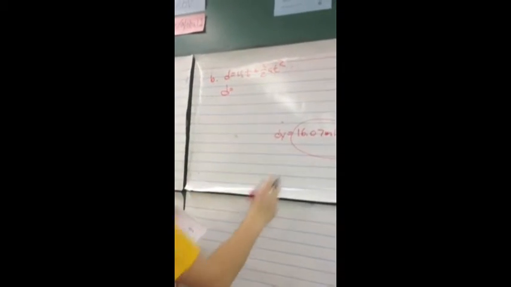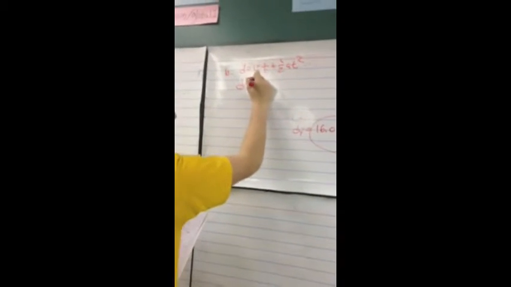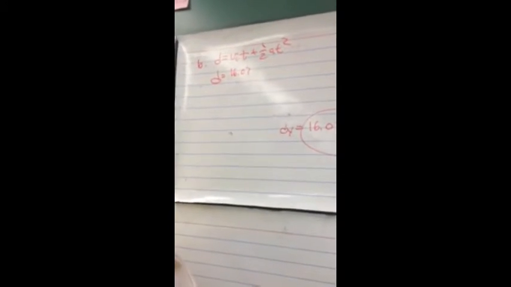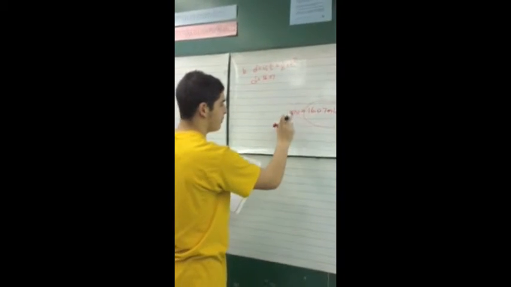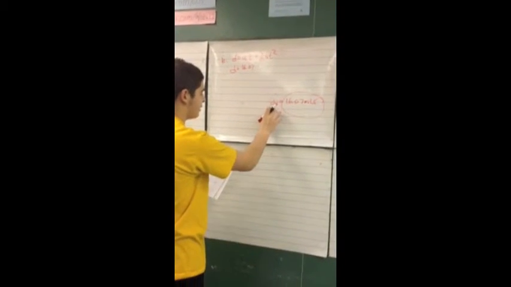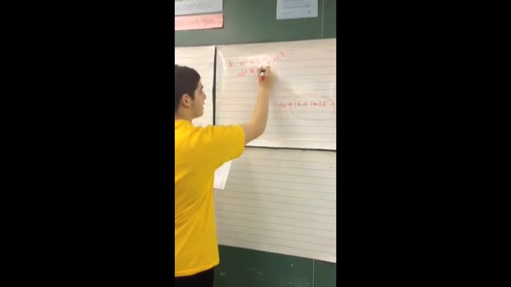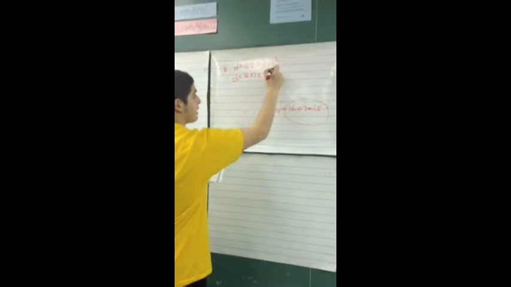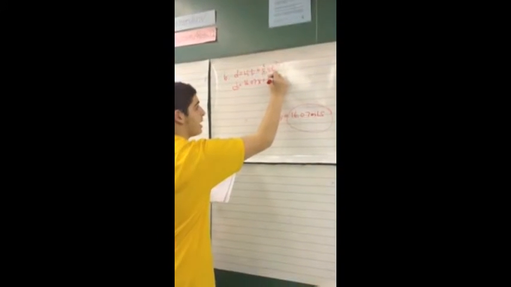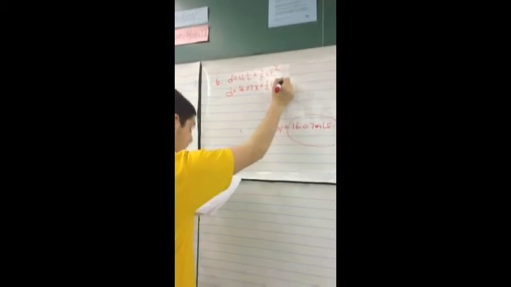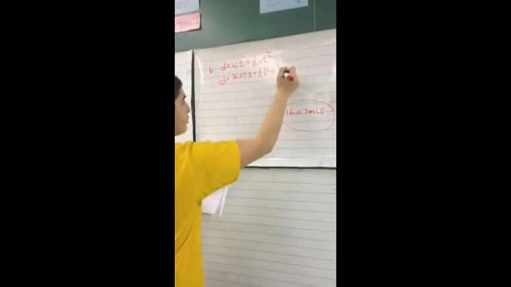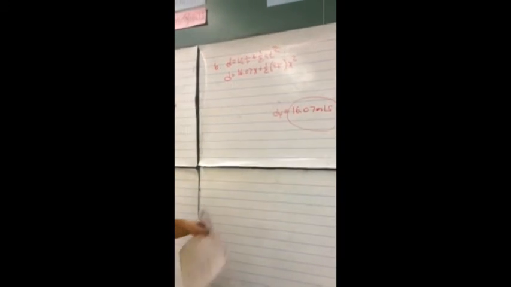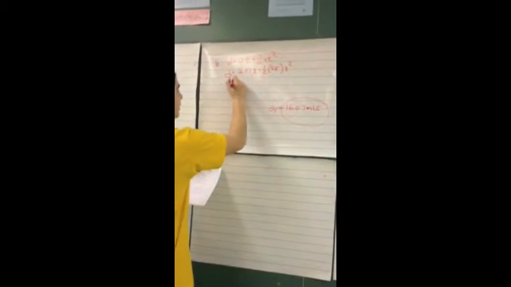Your initial velocity is 16.07, because your initial velocity in terms of maximum height is only determined by your y direction. I'm going to make time equal to x. Your acceleration is due to gravity, which is equal to 9.8 meters per second squared. So you make it x squared, and that should look somewhat like a quadratic equation you put into a calculator.